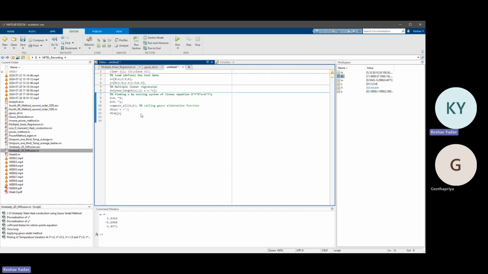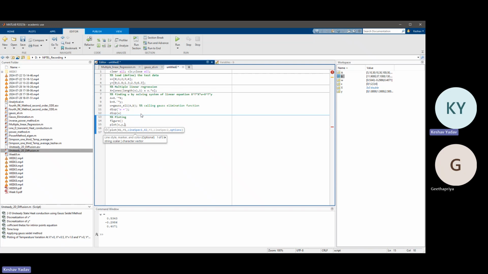Okay, now we need to do the plotting. So now plotting. I need to plot two things. So first I will open a new figure by using figure. Then I will plot X and Y. I want to do the scatter plotting here.